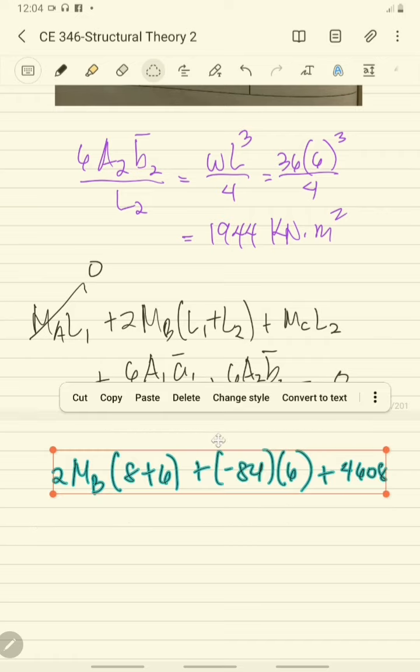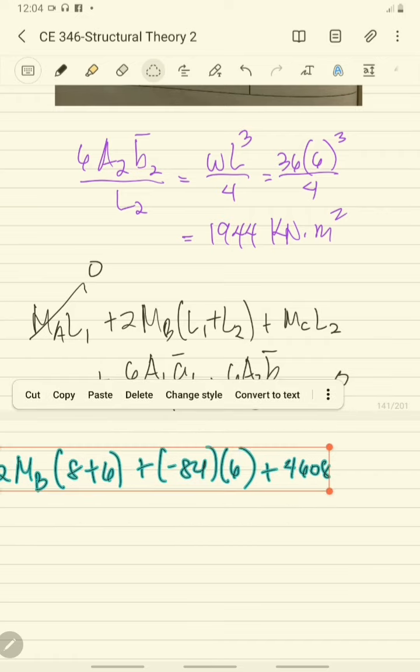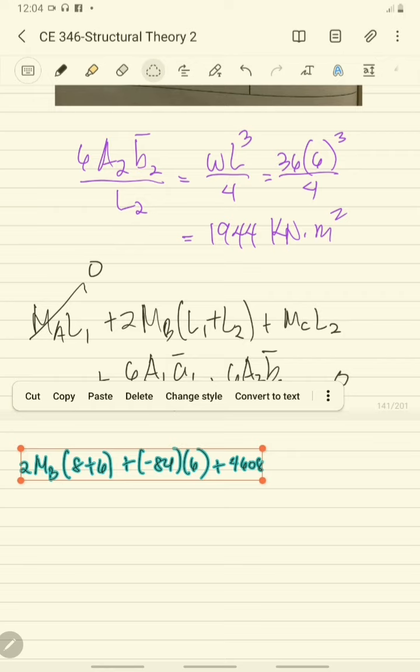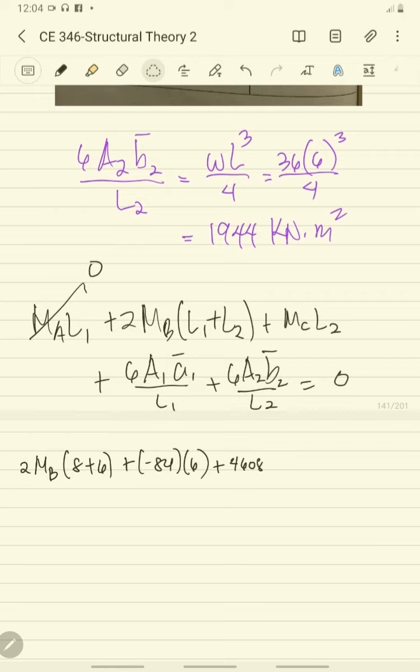So I have to copy this again, make it smaller. Also plus 1944. So that is equal to 0.